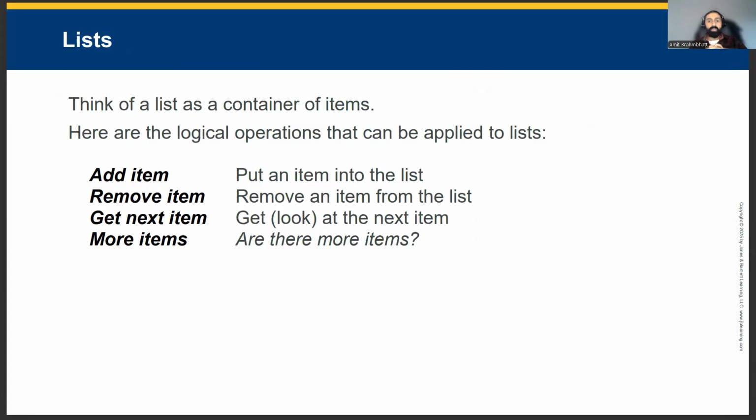This includes adding an item, which inserts a new value into the list, removing an item, which deletes a value, getting the next item, which lets you walk through the list, and checking whether more items remain. What's important is that these operations are defined at the logical level, meaning they don't depend on whether the list is implemented with an array or linked structure. This abstraction keeps algorithms simple and reusable.